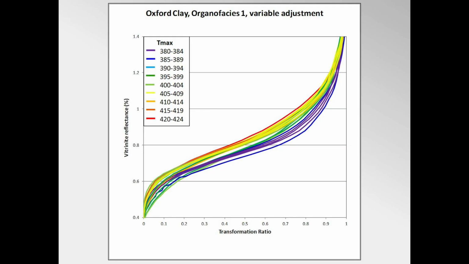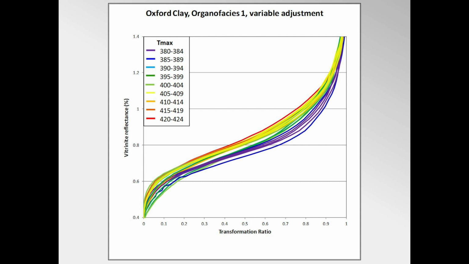We've already seen on this slide that if we use kinetics derived from samples with Tmax values in the 380s, we will get hydrocarbon generation very early at low vitrinite-reflectance values.